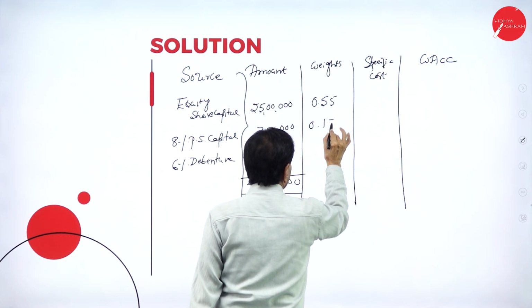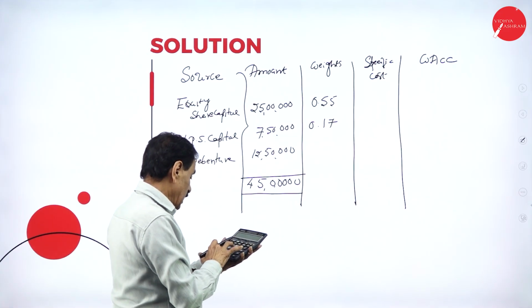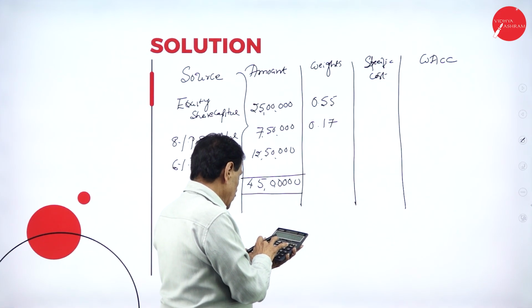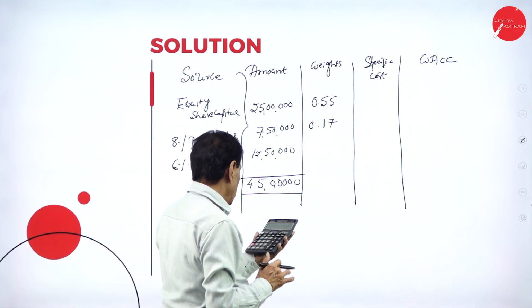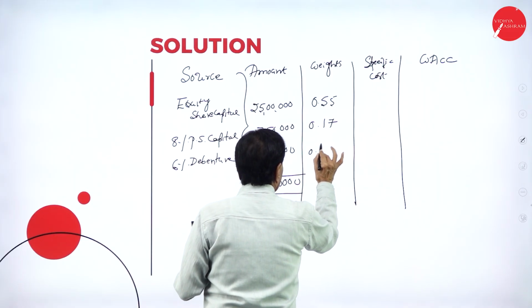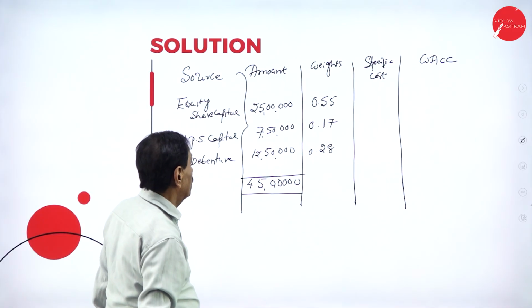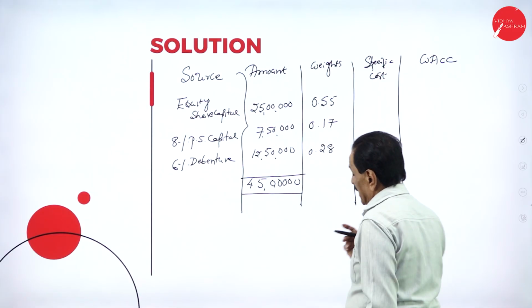You can say 17. 12 lakh 50,000 divided by 45 is 0.277. You can say 28. 28 we can take. Now, specific cost you have to calculate.